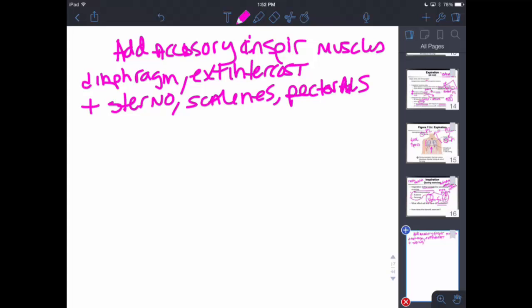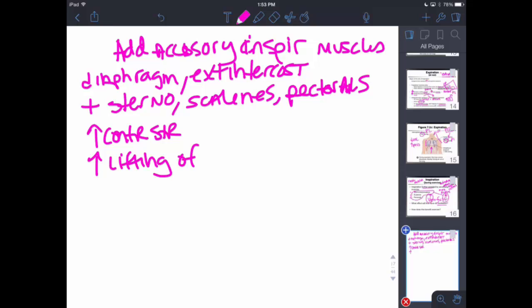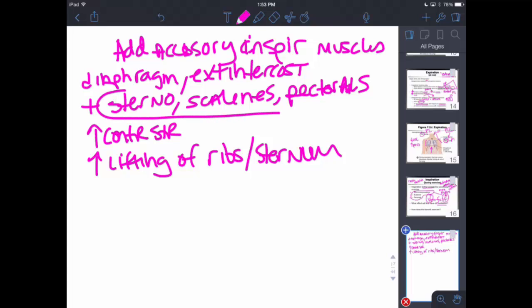And if you have more muscles contracting, what you're going to get is greater contraction strength, which means you're going to get greater lifting of the ribs and sternum, because these three accessory muscles help the external intercostals.